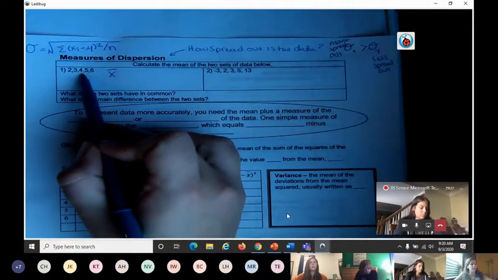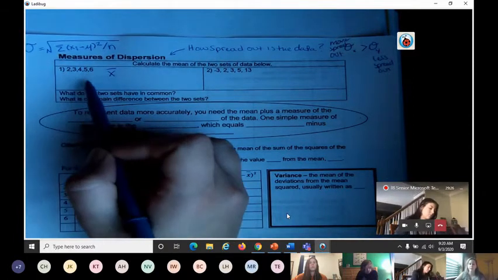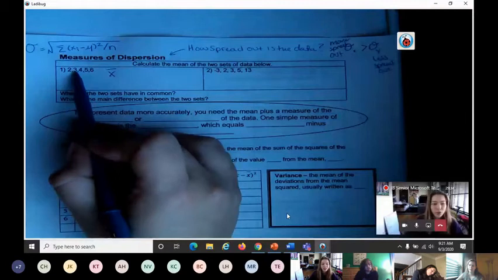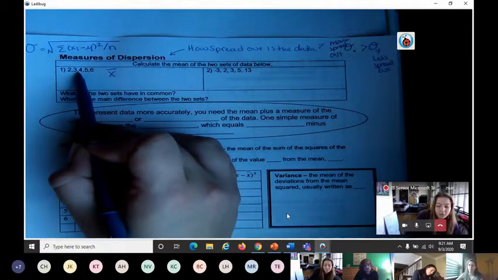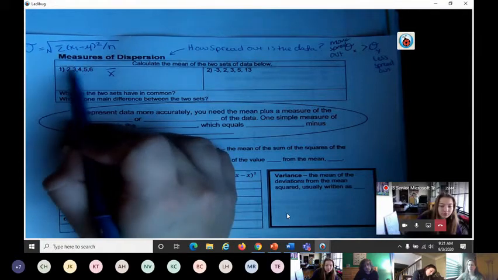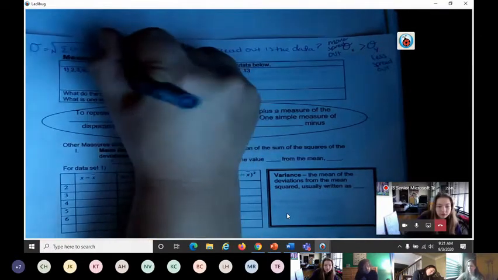Izzy, what's the sum of 2, 3, 4, 5, 6? So 2 plus 3 is 5. Another 5 gives me 10. Plus 4 gives me 14, and 6 more is 20. So the total is 20. We have 5 total things, so that means my mean should be 4, right?